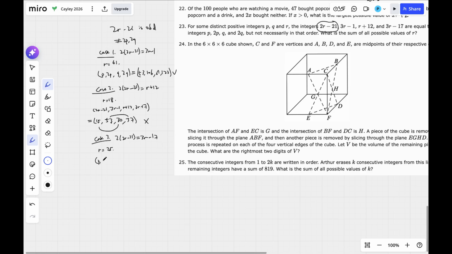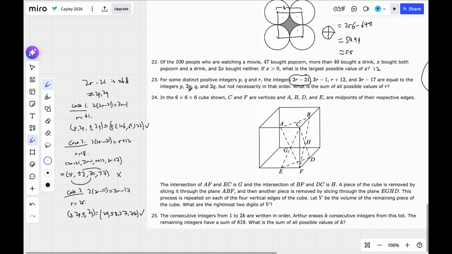Finally, we have case 3, which is that 3r minus 17 is double of 2r minus 21. If we solve this, we get r equals 25.